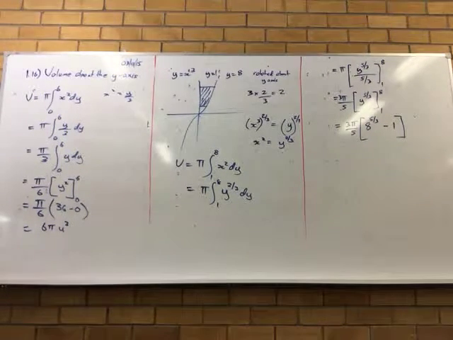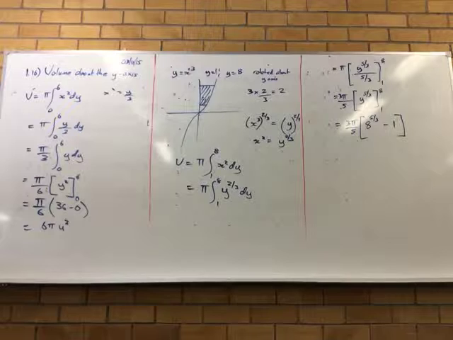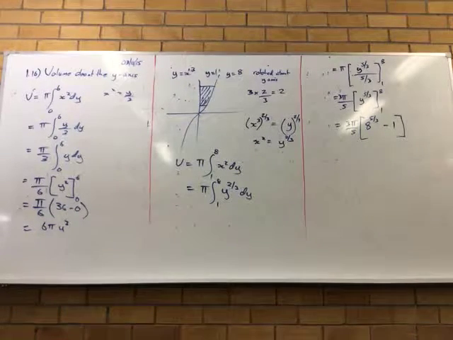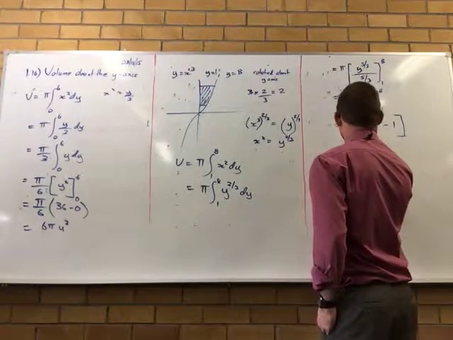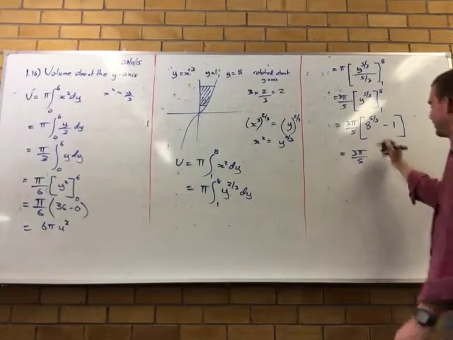Take away 1. I don't know what that is. I have to put that in the calculator. No, you don't. What is the cube root of 8? 2. 2 to the power of 5. 64. Take away 1. 62. 36? 63.